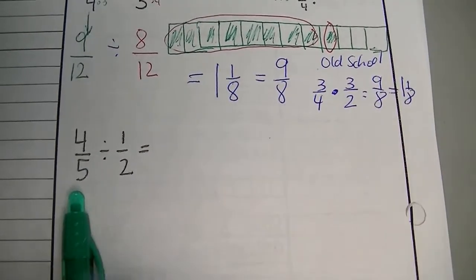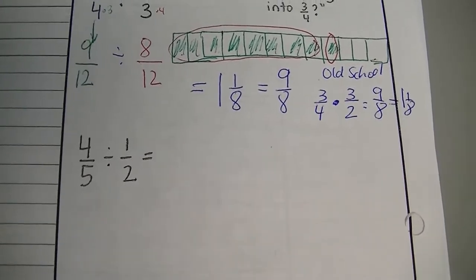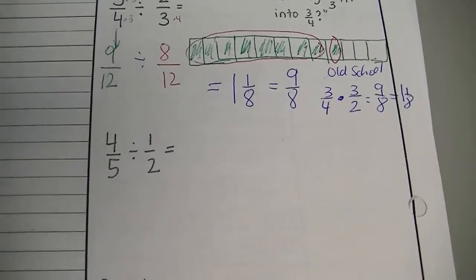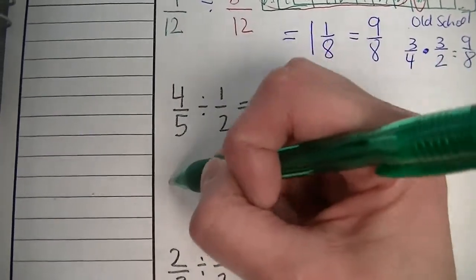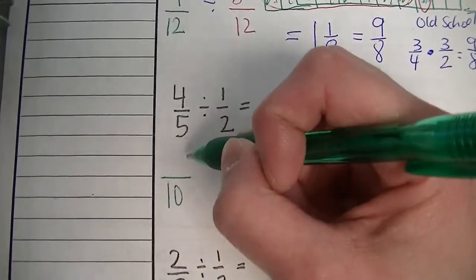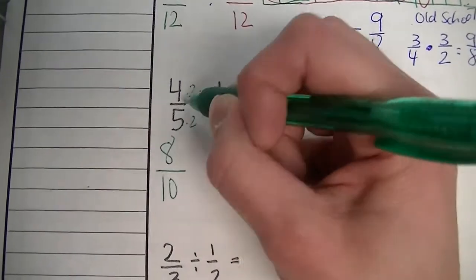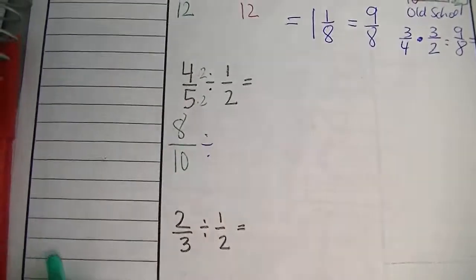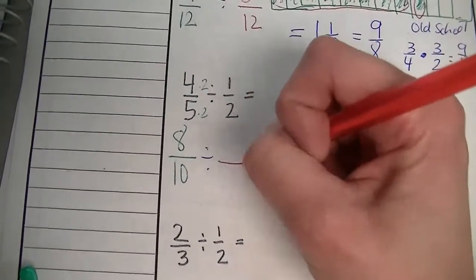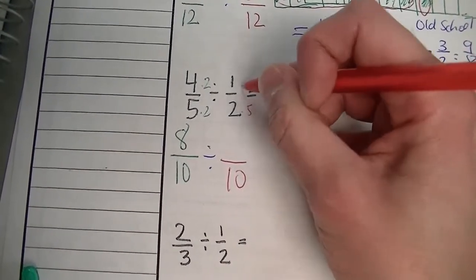All right. The next one is 4/5 divided by 1/2. I'm going to model it, and I want to use a common denominator, so I'm going to make it 10. So 4/5 is the same as 8/10, and we're going to divide it by 1/2, but I want to have the same common denominator.